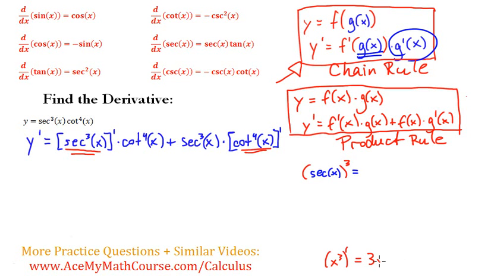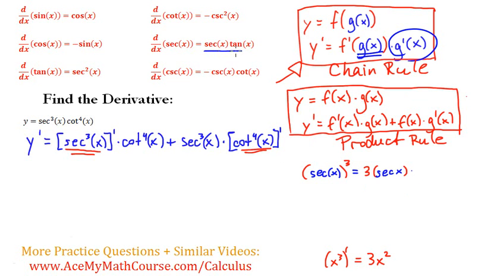is just 3x squared. Bring down the exponent, multiply it, and subtract 1 from the exponent. So 3x squared. So you got 3. Then the inside function is just secant of x, multiplied by the derivative of the inside function, which is secant of x.